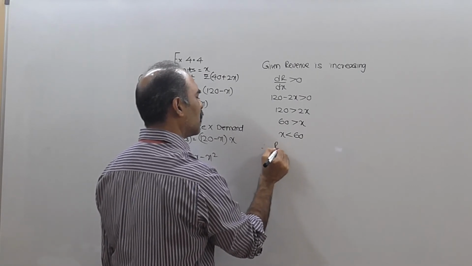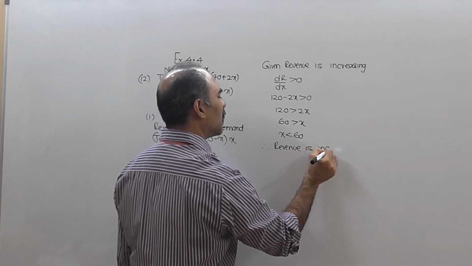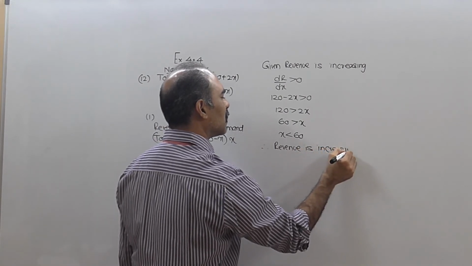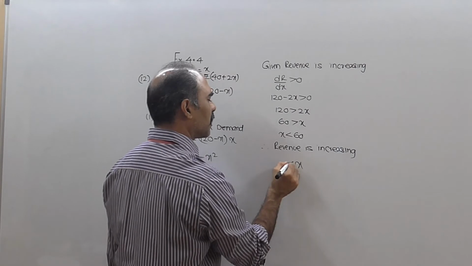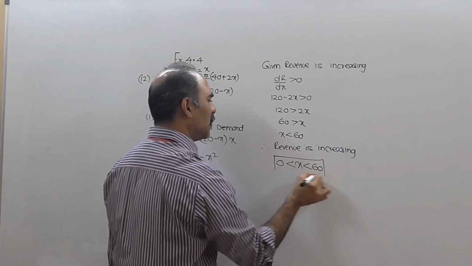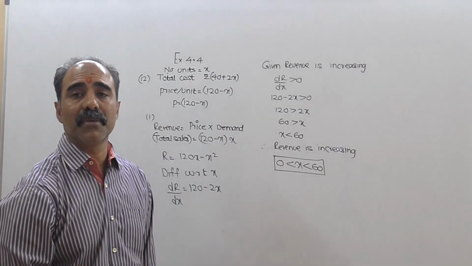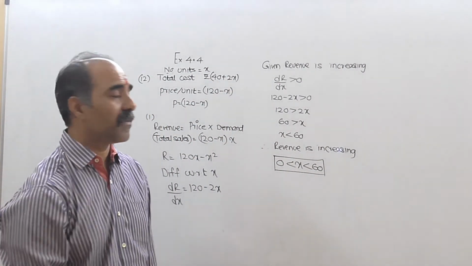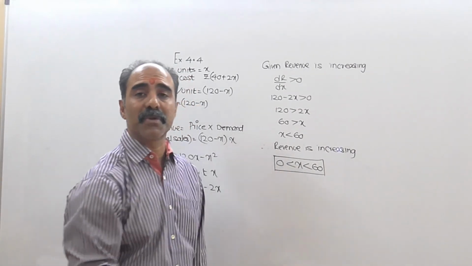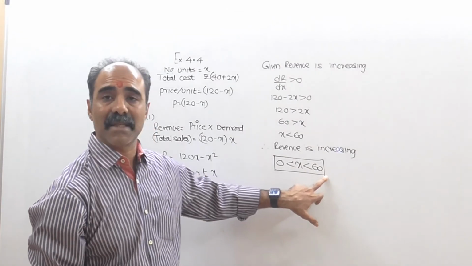Therefore, the revenue is increasing when X is greater than 0 and less than 60, because you have to sell something to make a revenue, so the number of units has to be positive.